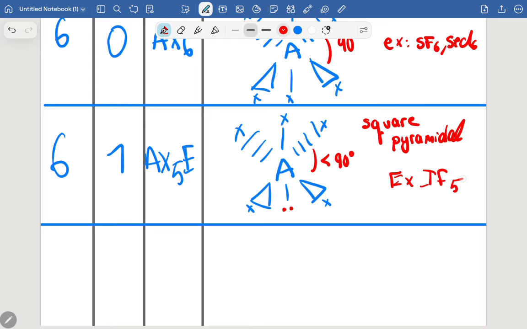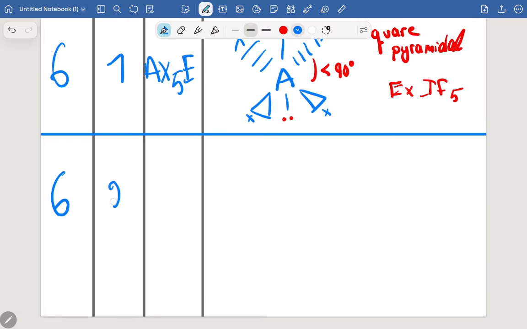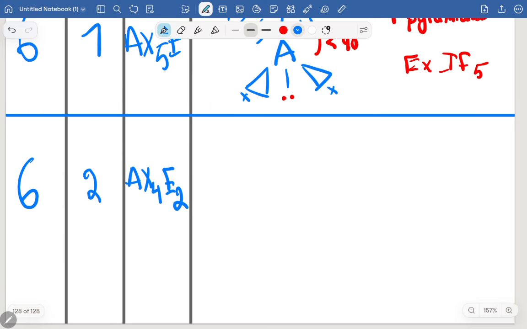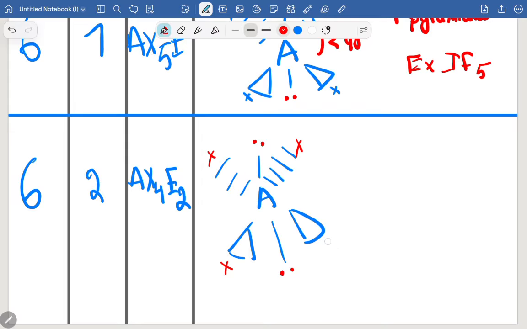Now, we move on to the last thing the book wants us to discuss, which is 6 electron domains and 2 lone pairs. So the species is going to be AX4E2. So here again, you're just going to draw the basic AX6 structure. Now, what are you going to do in this scenario? In the plane, you're going to put the lone pairs, and everything else is going to be an X. So what do we call this?